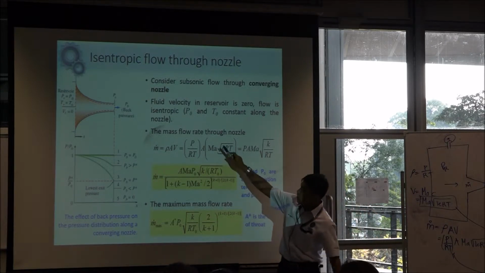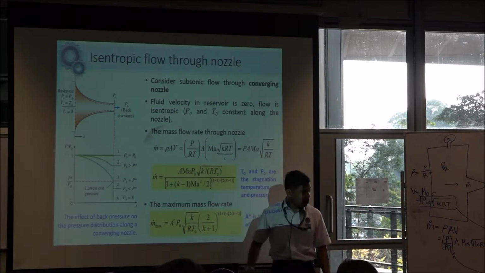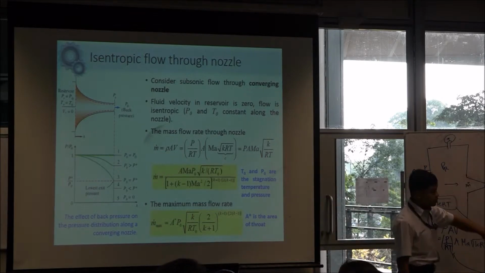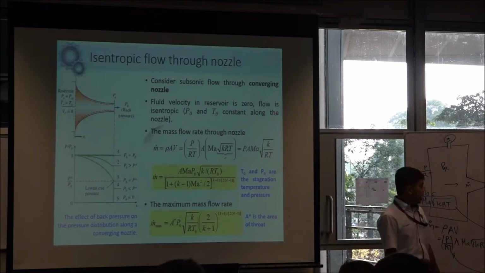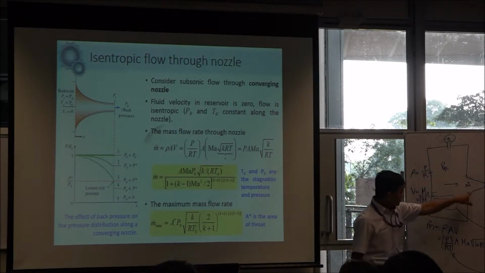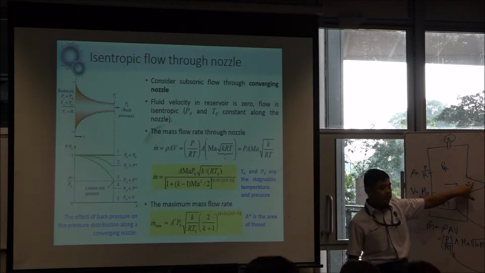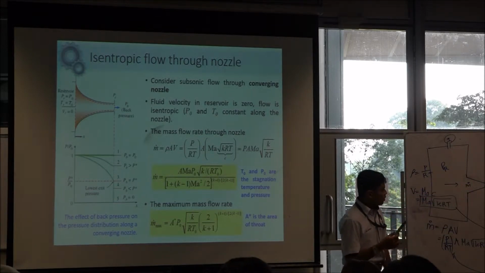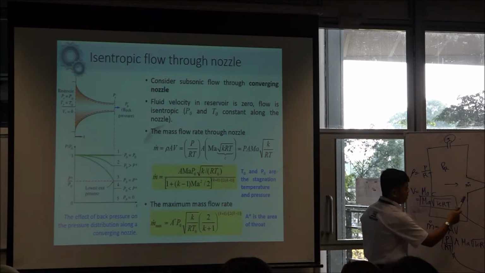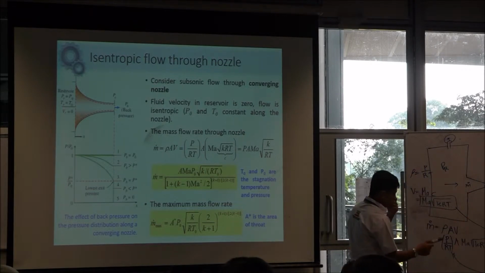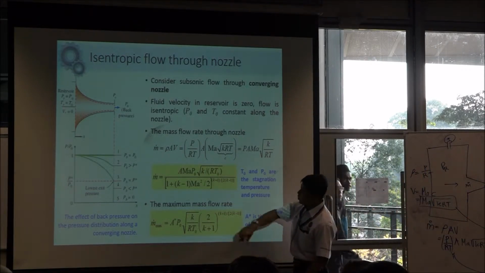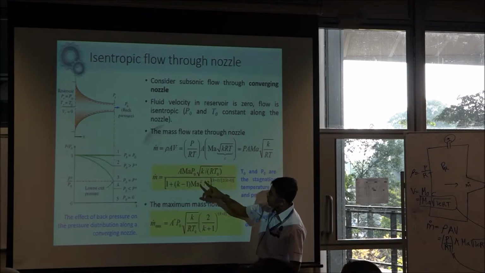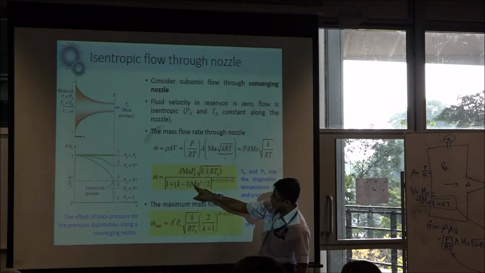So, using this, you have this mass flow rate that flows through the nozzle. Okay? And you know that the maximum Mach number that can be achieved by a converging nozzle is 1, right? So if you introduce that, you put this one equal to 1 and this one equal to 1, right?